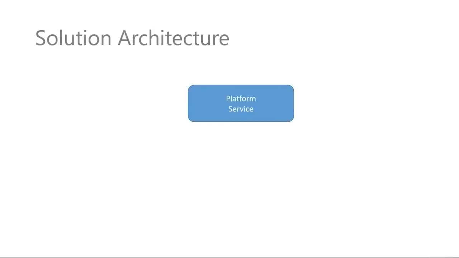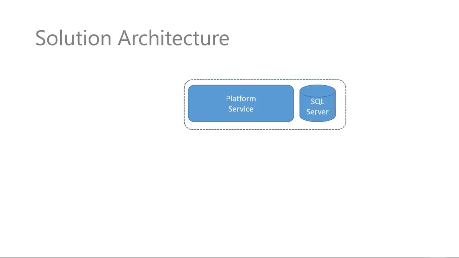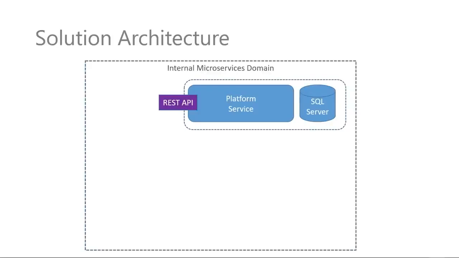We've got a platform service up and running to some extent. It's got a SQL Server database, fantastic. We've developed our REST API, and that's pretty much complete now. The REST-based API is finished. Our internal microservices domain, you could almost map that onto our Kubernetes cluster if you wanted to. We have our API gateway, which is our Ingress Nginx controller.